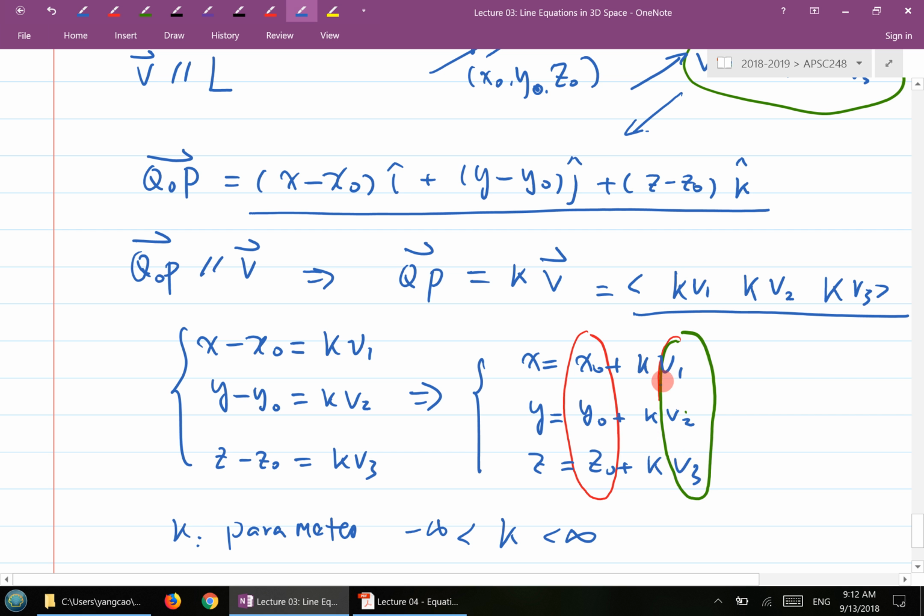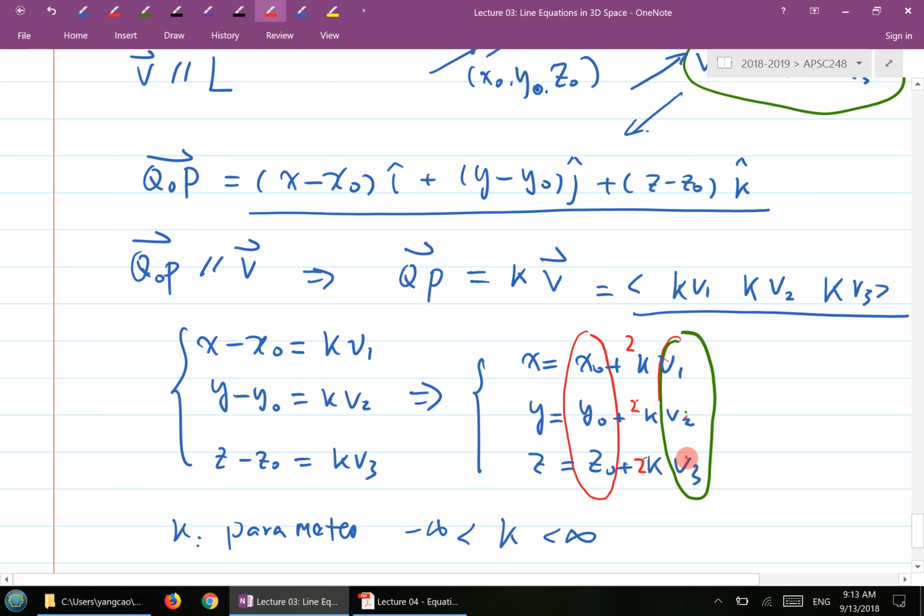So the 2k becomes a scaled version. You can keep the 2 here, and basically you get a different vector here.